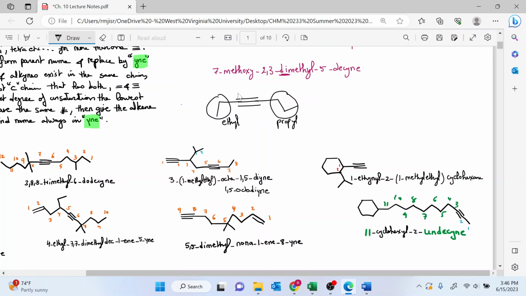You arrange those in alphabetical order and put the word acetylene at the end, because after all, acetylene is a carbon and triple bond carbon, and this is the simplest form of alkynes. So this is called acetylene. So the common name of triple bonds is going to be derived from acetylene. So that is going to be ethyl, propyl, and acetylene.